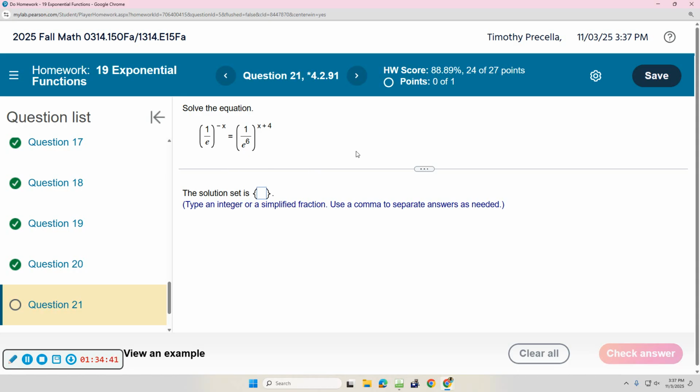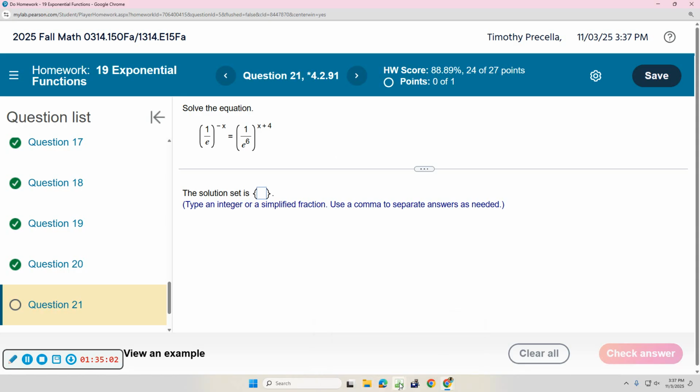e to the 6th to the x plus 4? We had some 1 over e to the negative x is equal to 1 over e to the 6th to the x plus 4. Okay.